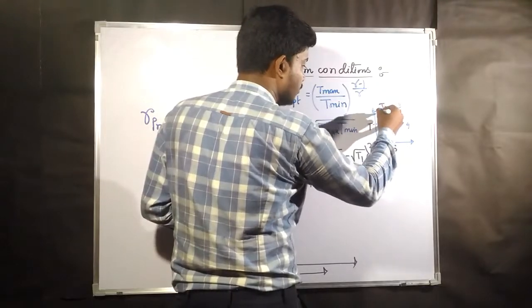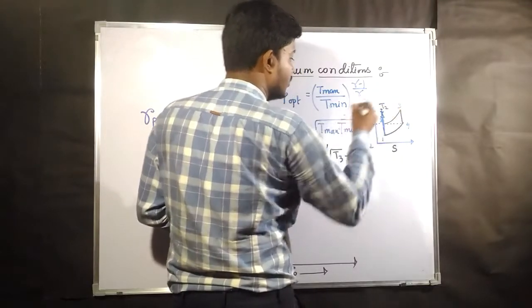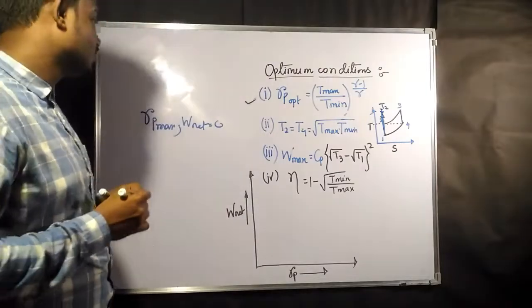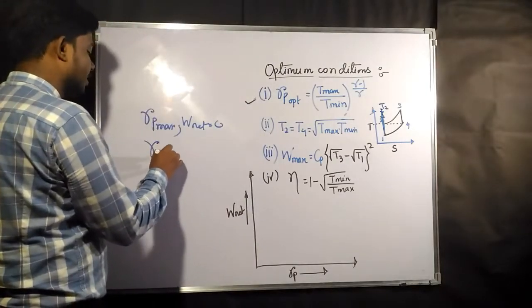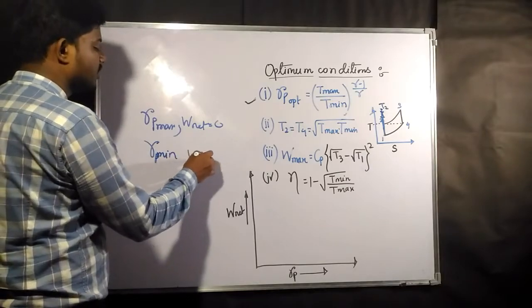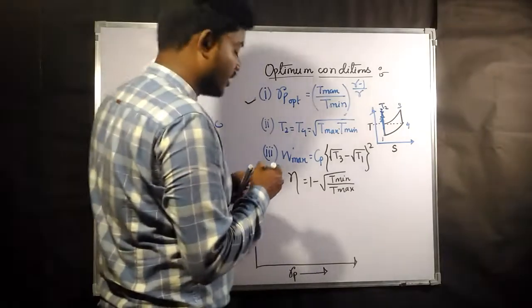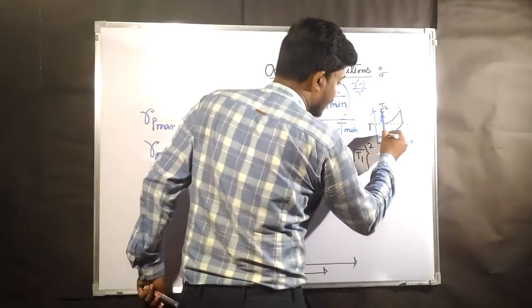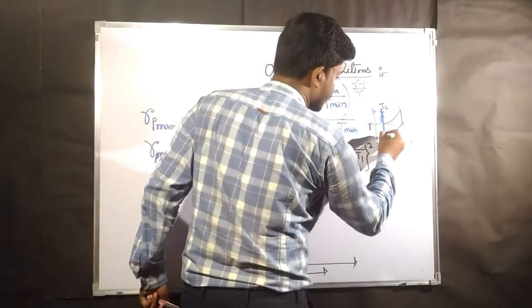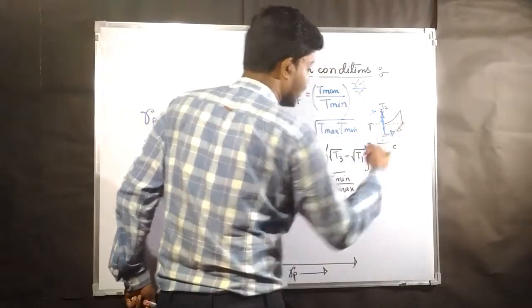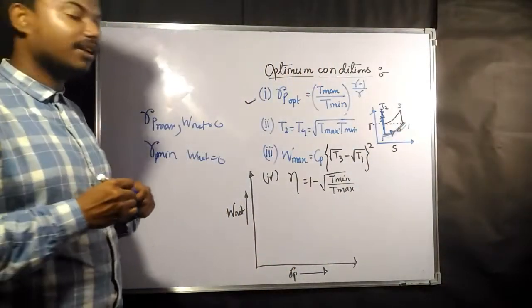This will be T2 and the cycle will be in a straight line only. And if you remember, for RP min also W net was equal to 0. For RP min the cycle used to go like this and used to come like this.